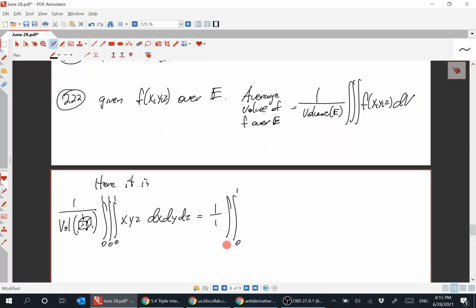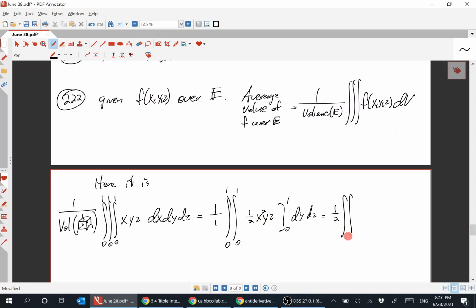So first iteration, xyz squared from 0 to 1, oops, not z, first comes x. x squared yz, and this is dy dz. So from 0 to 1, you just get a half.